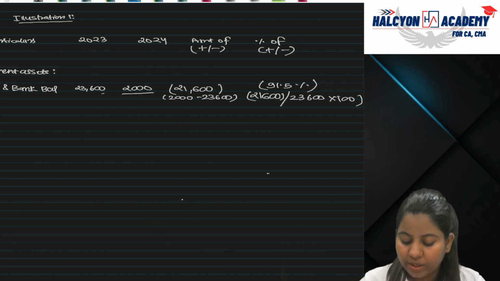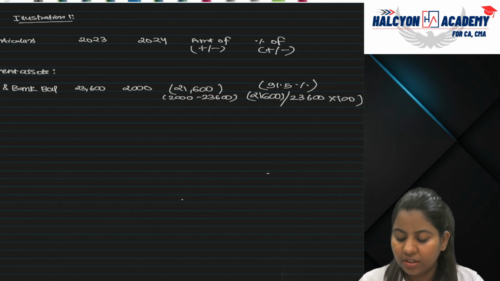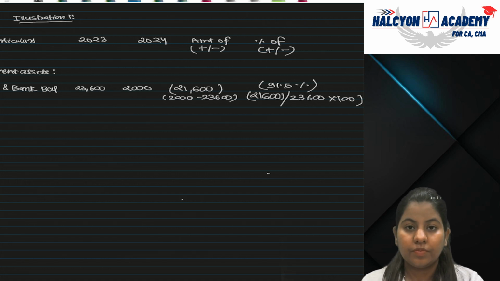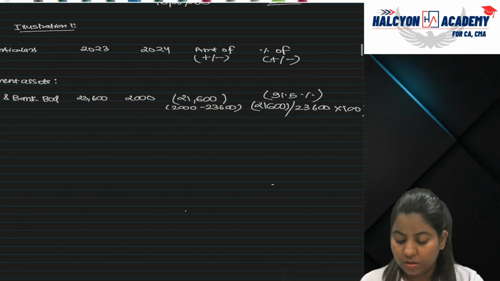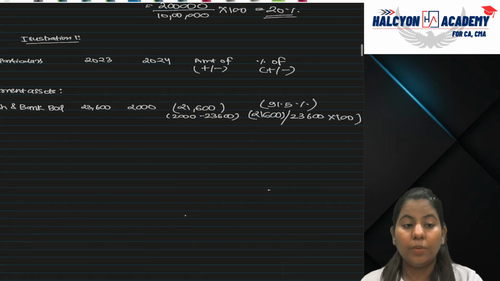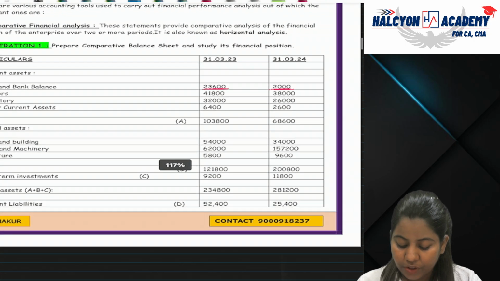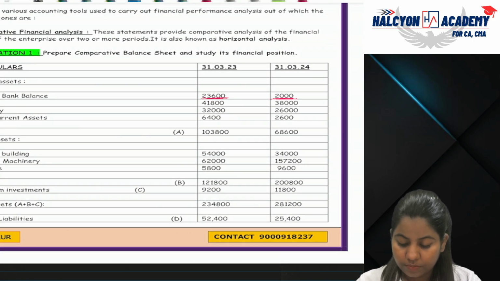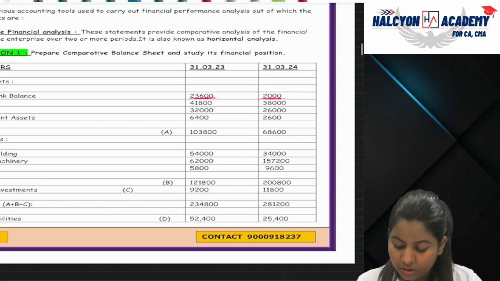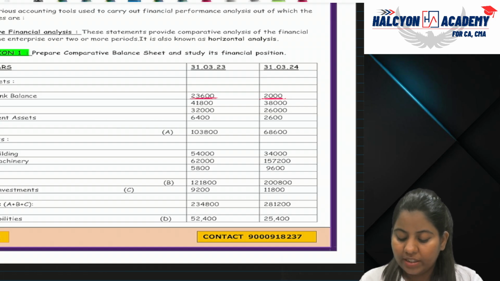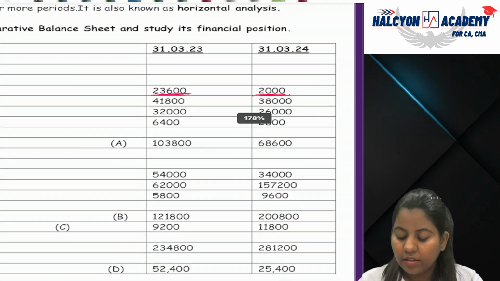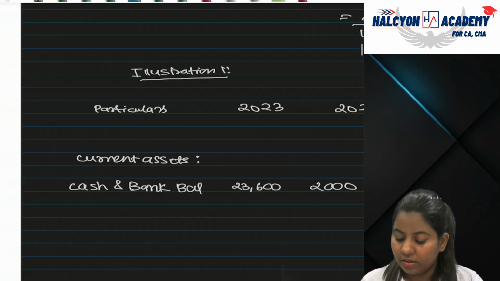Likewise, we have to calculate the percentage change in each and every item. Then the next one is debtors. The amount of debtors is 41,800 in previous year and 38,000 in current year.